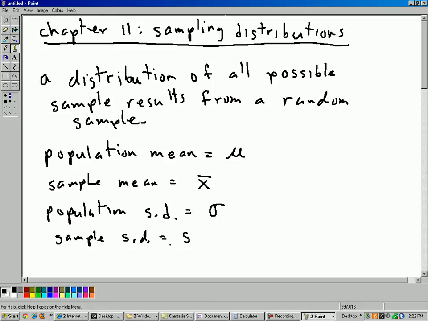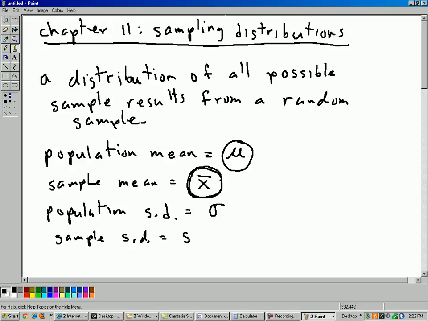Now, the idea here is you have some population, whether it be the population of fish in the ocean or the population of people going to college or whatever. All we have to go on is the mean from the sample, and then we want to use that mean from the sample to estimate the mean of the population, because we're not going to know the true population mean in very many cases, but we have to estimate the best we can.